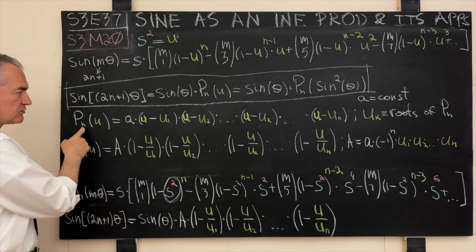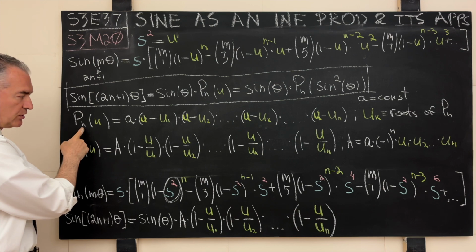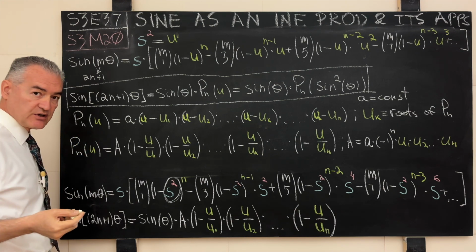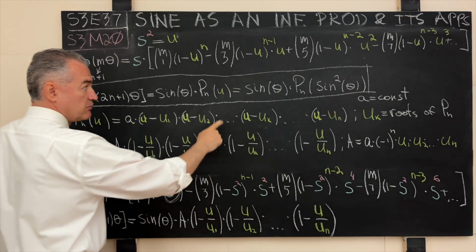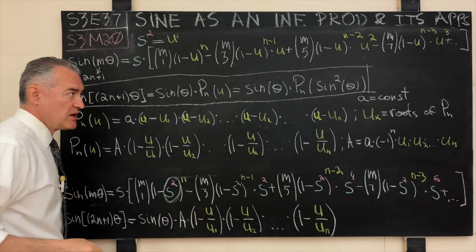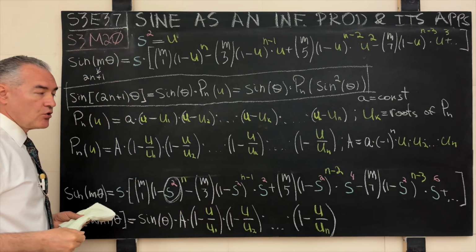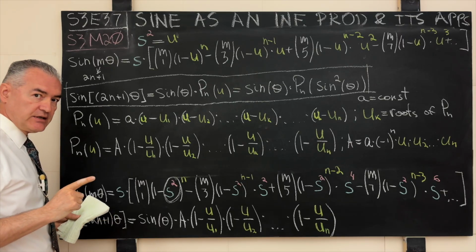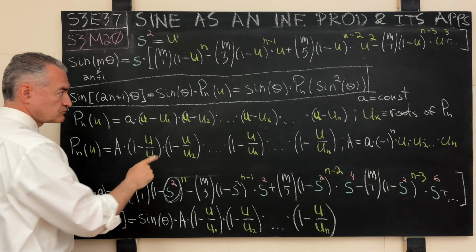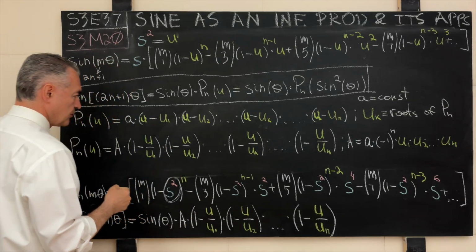So here we write down officially, what do we do here? Well, here we invoke the fundamental theorem of algebra. Such a polynomial is representable as a product of terms that are linear in the roots and in the variable itself of that polynomial.